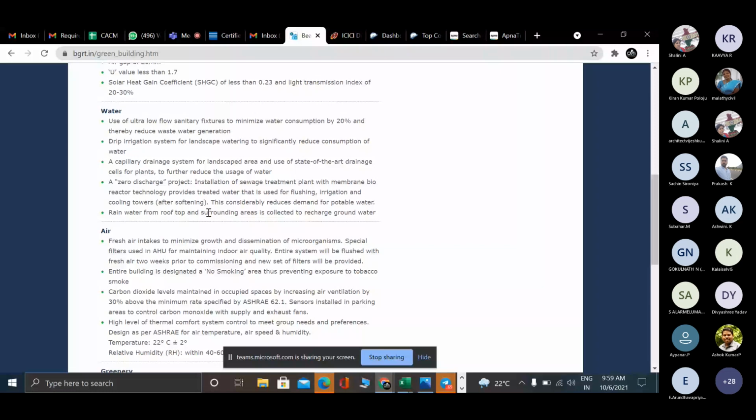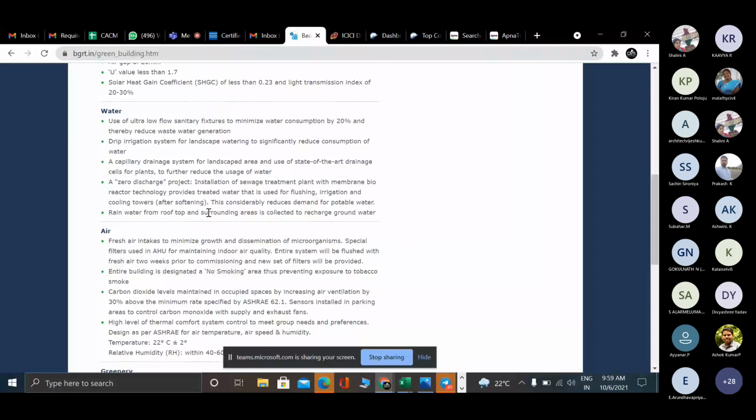One is your raw water, and the other is treated water from the treatment plant, which can be reutilized for flushing purposes as well as for gardening. So if you take any building, nearly 70% of the water we can reutilize. This building also is doing that. And they are using this water for cooling towers also. Since it is a large building, they have a cooling system, HVAC system and all available. So they are using it after softening it.